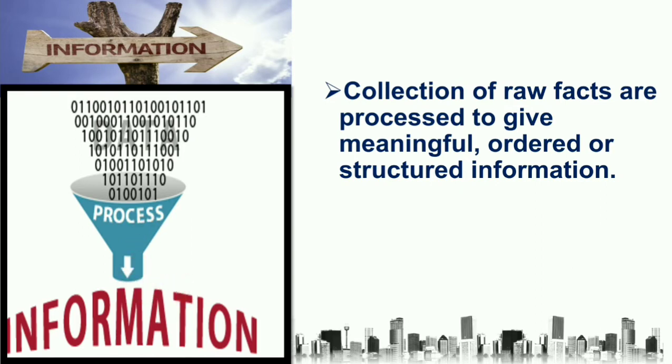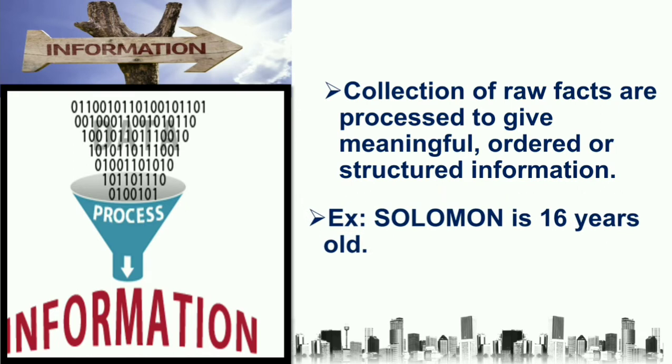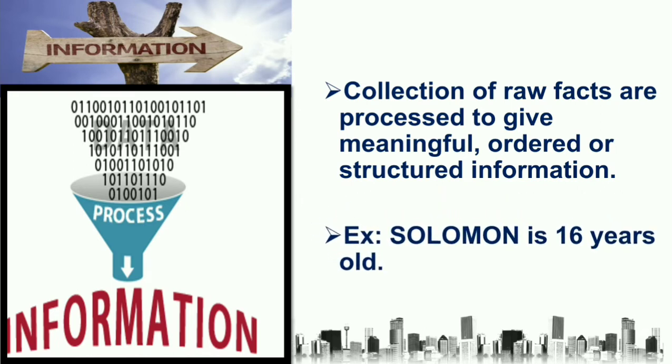Let's check with an example. Solomon is 16 years old. Here, Solomon is the name of a person, 16 is a number, but here it represents the age of a person. So when we group all the data, we get information. Collections of raw facts that are processed is called information.